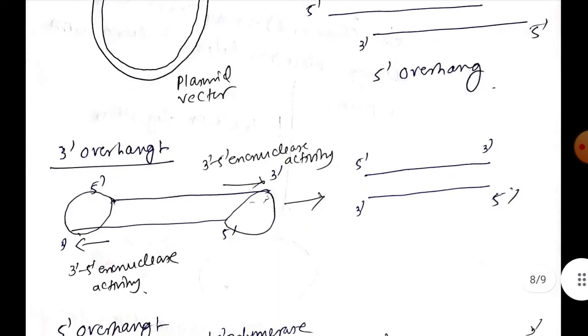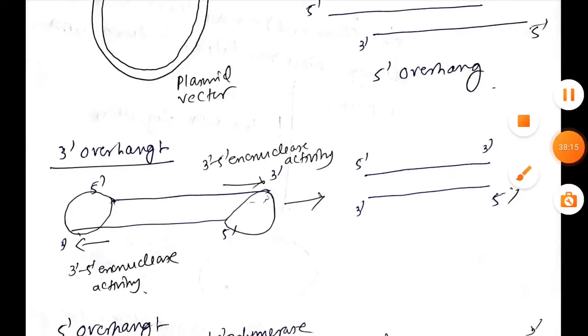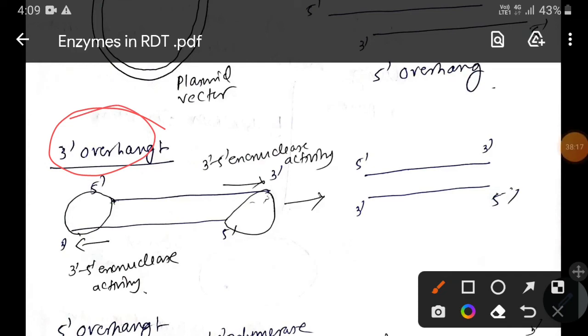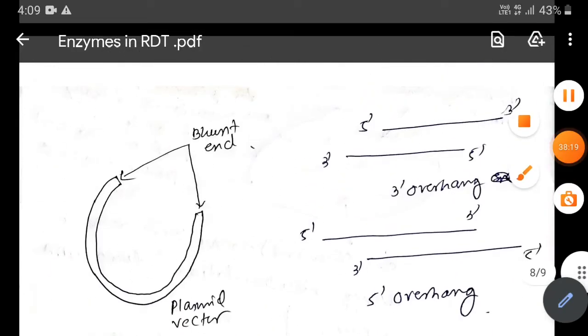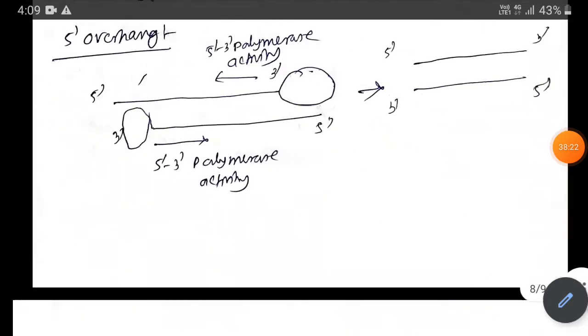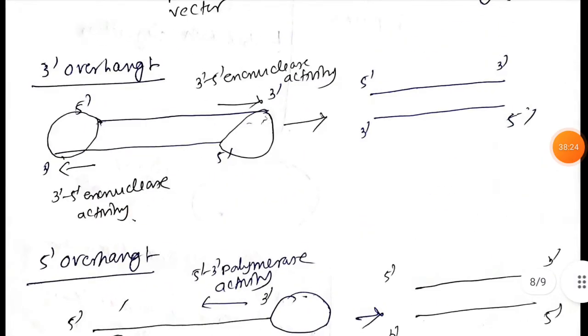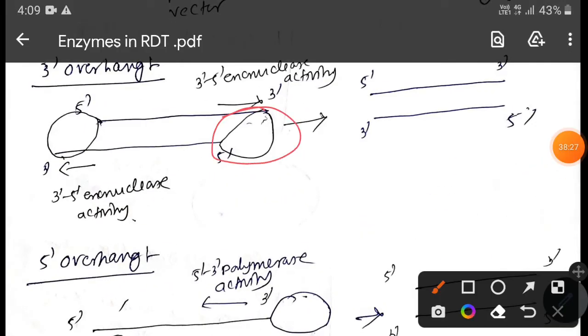So what does Klenow fragment help us with? Let's talk about 3 prime overhang. That means we have this kind of gene of interest. Okay, so in 3 prime overhang, the Klenow fragment containing exonuclease activity will simply bind over here, and it shows its 3 prime to 5 prime exonuclease activity. Okay, that will simply remove the protruding 3 prime end, that means the 3 prime end which is in excess amount.